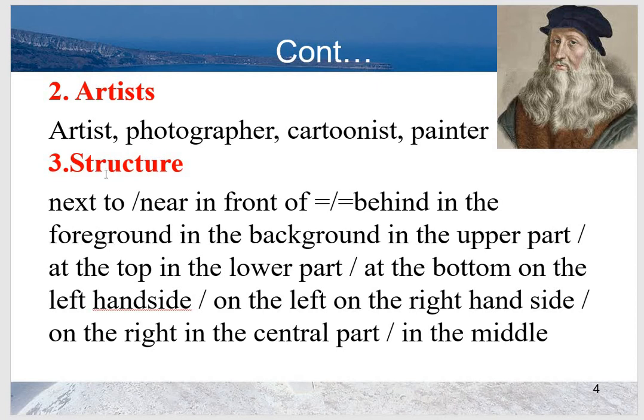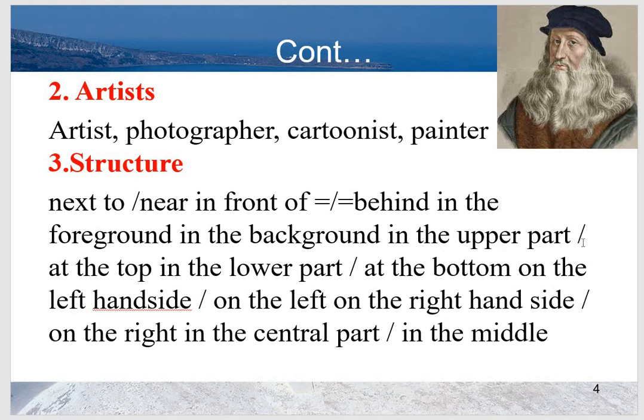Number three, describe structure. Use these terms: next to, near, in front of, behind, in the foreground. Foreground means the front part. Background means the back part of that character or that person.